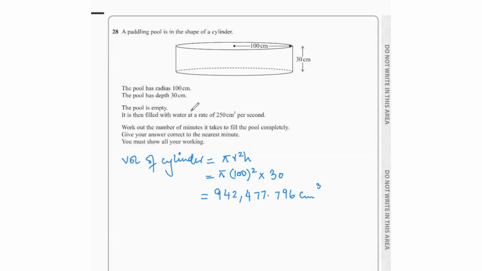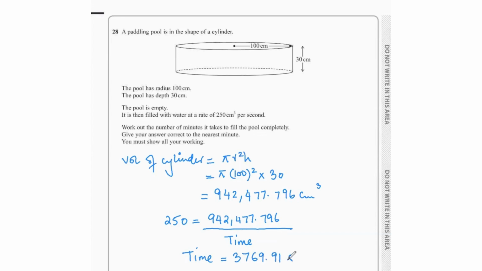Now for the number of minutes, the rate is 250. So a rate of 250 centimeter cube per second means that we're dividing the volume by time, which means we're going to divide the volume by the rate, and that will give us 3769.91 seconds.